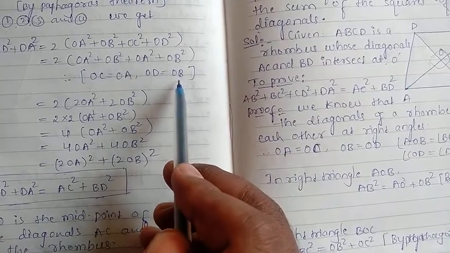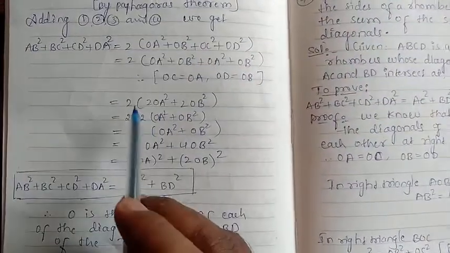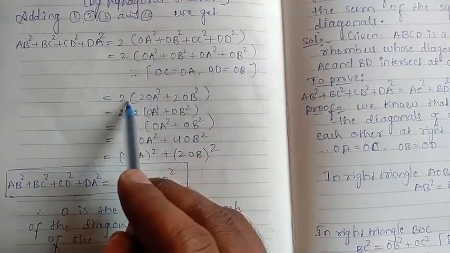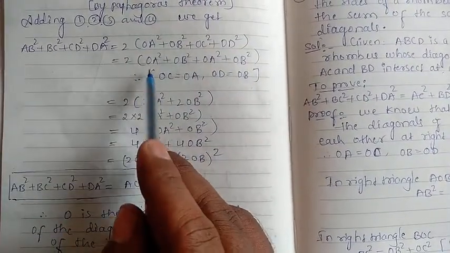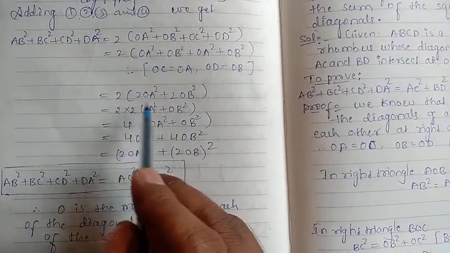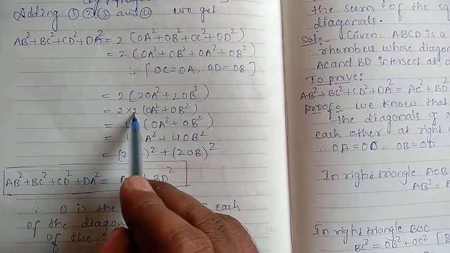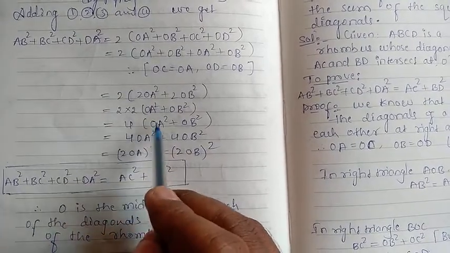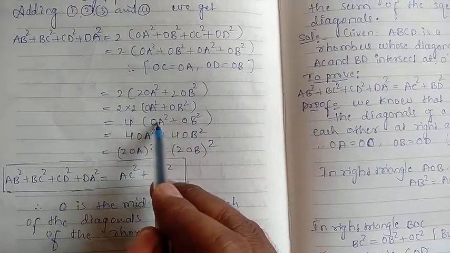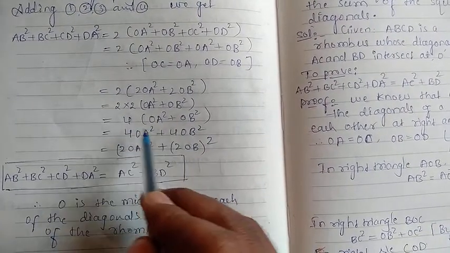Next, 2 times OA square and 2 times OB square. Now 2 into the bracket, 2 times OA square plus 2 times OB square. So you have to take 2 common again: 2 into 2 is 4, then OA square plus OB square as it is. Open the bracket: 4 OA square plus 4 OB square.